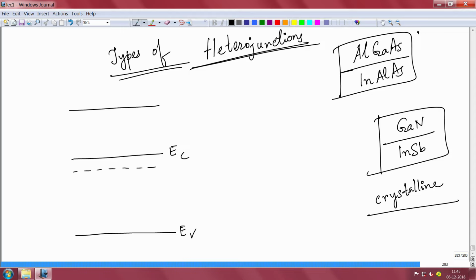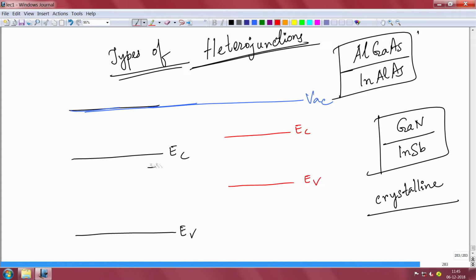Let me use another color, maybe blue, for the vacuum level. And now there's another semiconductor whose conduction band might lie here, and it's a narrow band gap semiconductor. The valence band might lie here, and it might be mildly n-type or p-type doped. Let's not worry about the doping as of now.